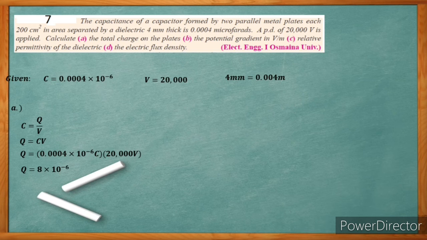For our Q we have 8 times 10 raised to negative 6, or 8 microcoulomb.